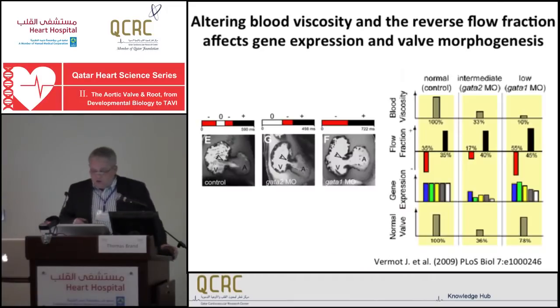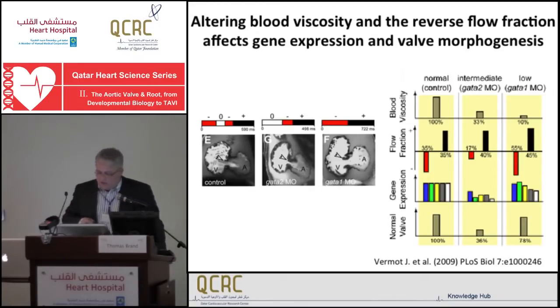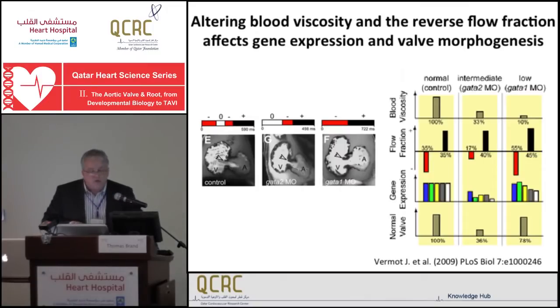An experiment to prove that was then to change the blood viscosity a little bit. What they did was to play around with certain genetic methods to prevent blood formation, and thereby change the blood viscosity, which certainly has an impact on the biomechanical properties and the effect on the valve endothelium.